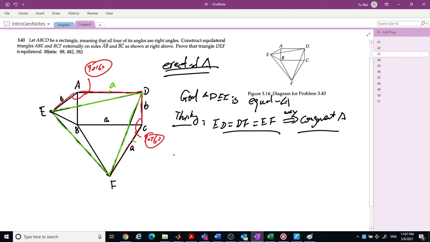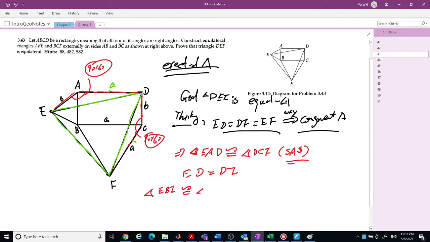So that's why you can have triangle EAD congruent to triangle DCF by the SAS rule. So now you have ED equals DF. In the same way, you can have triangle EBF congruent to triangle DCF.